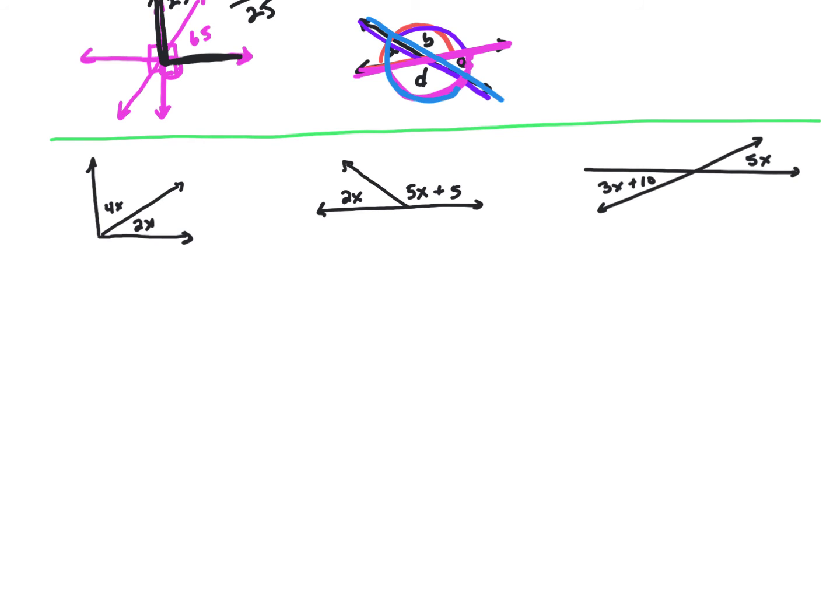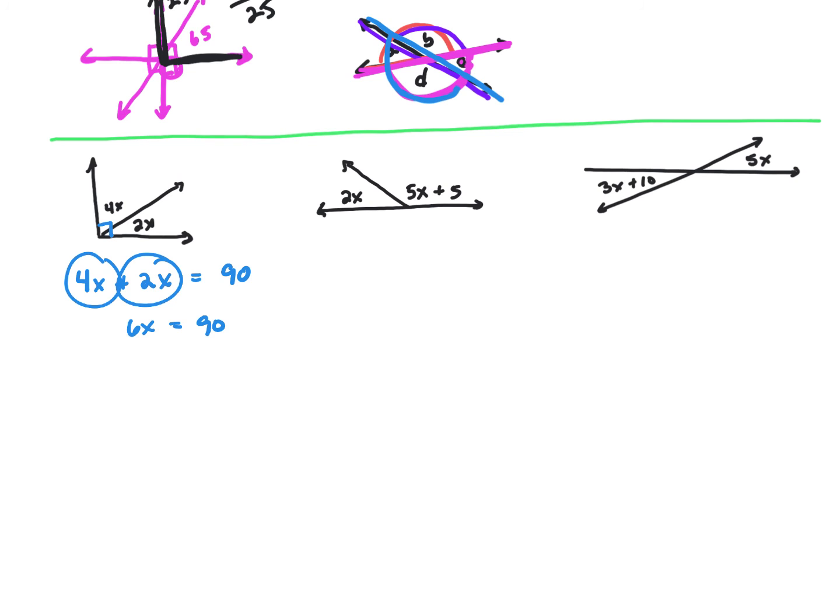Okay, in order to solve this very first one, we have to recognize that this is a complementary relationship. So we're going to take what they give us, which is 4x plus 2x. Those are the two measurements right now. But we have to say that they equal 90. So they are complementary. We would then combine these like terms to get 6x equals 90.